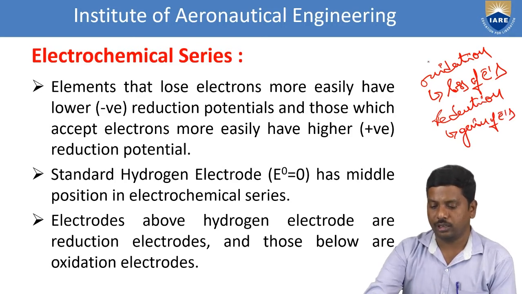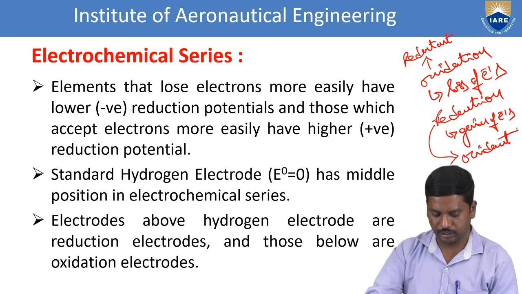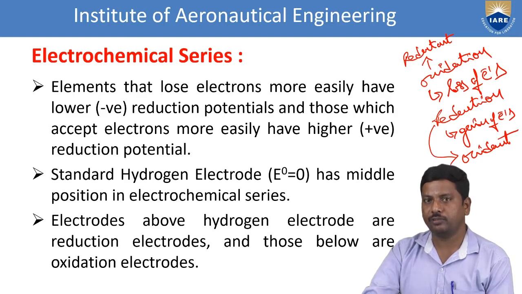The reductant participates in the oxidation, and the oxidant participates in the reduction. So because of the movement of electrons, whether loss or gain, finally the elements get the respective polarity charge.